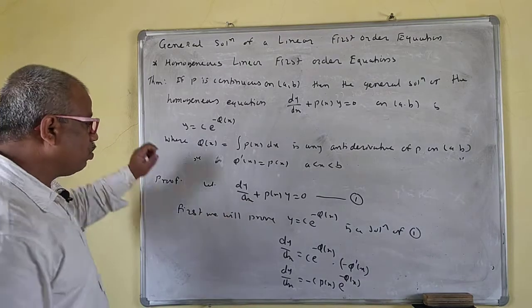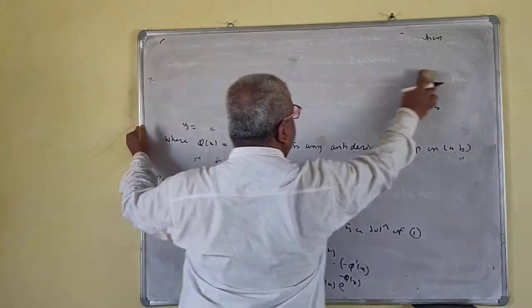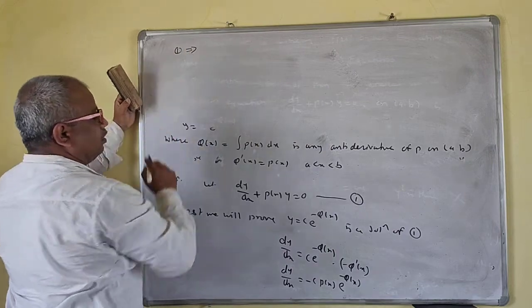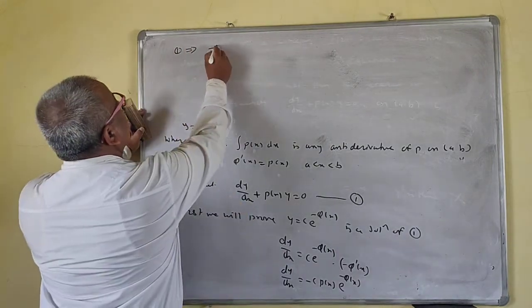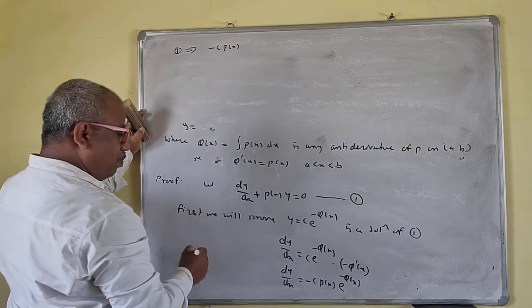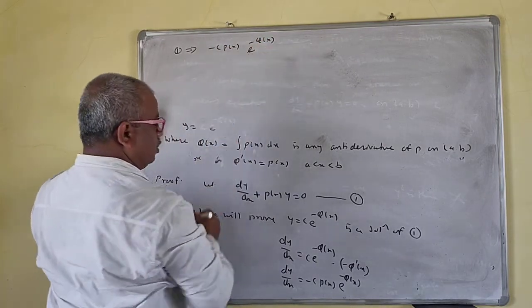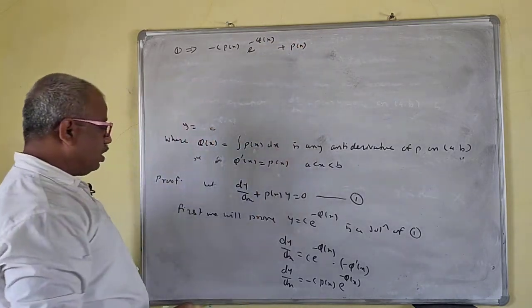Now we'll put this in 1. So 1 implies that dy by dx, which is minus c p of x into e raised to minus phi of x, plus p of x into y. What is your y?